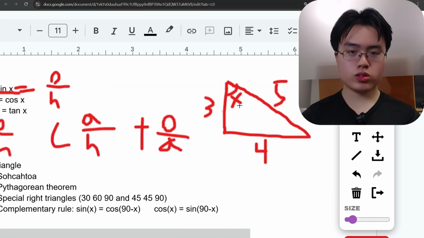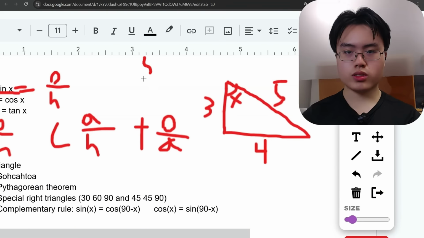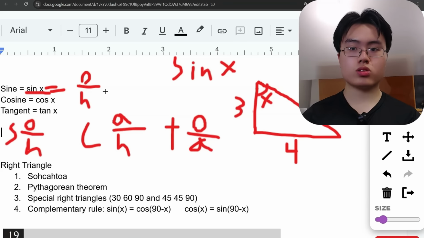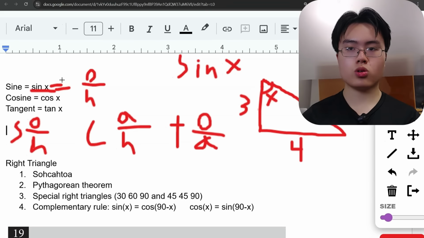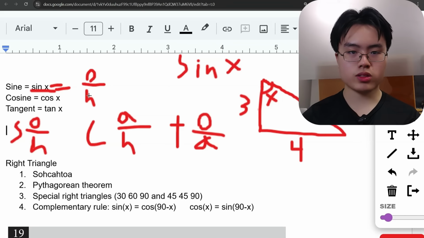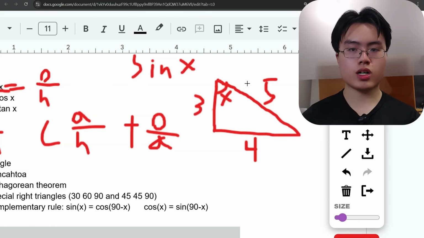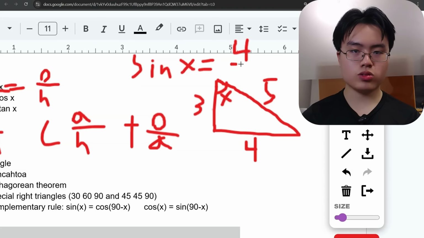Let's say a question just asked us, what is sine of x? Then we can do SOH: sine equals opposite over hypotenuse. The opposite side is 4, the hypotenuse is 5, so sine of x equals 4 over 5.